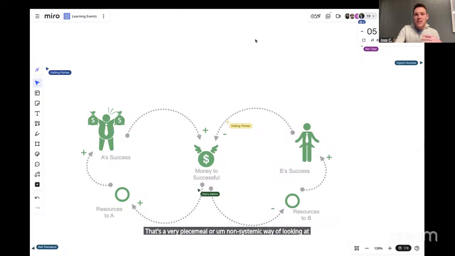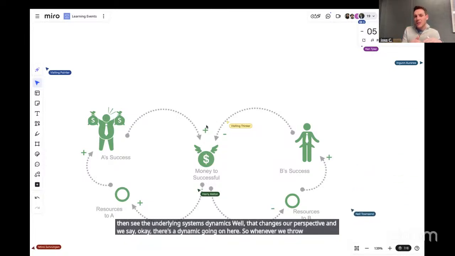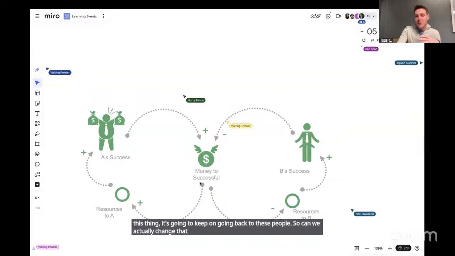If we then see the underlying systems dynamics, well, that changes our perspective. We say, okay, there's a dynamic going on here. So whenever we throw money into this thing, it's going to keep on going back to these people. So can we actually change that dynamic? And that's inevitably going to mean something about these linkages, right? The reason it's going back here is because of this dynamic going on here.